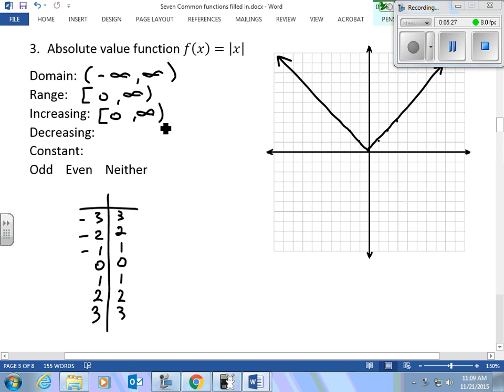And it's decreasing from negative infinity to 0. And sorry, but those should have been round brackets. Let me just fix those up. And it's never constant. And if we look at the symmetry of that function, we can see that it's even. It's symmetrical about the y-axis.